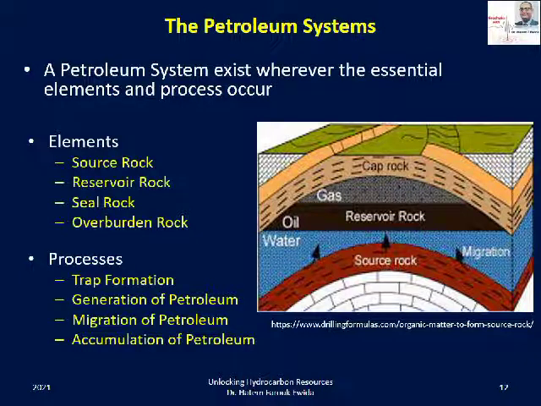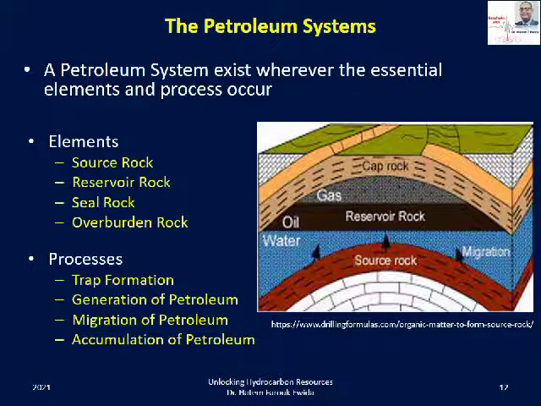Then the processes to form the hydrocarbon are the trap formation. I have to have a trap to prevent the hydrocarbon from escaping to the surface. Then the generation of petroleum, the migration of petroleum, and the accumulation of petroleum. So for the petroleum system, I should have four elements and four processes.